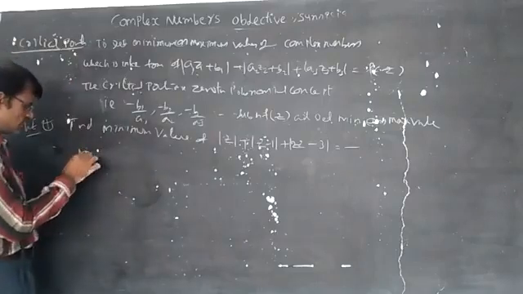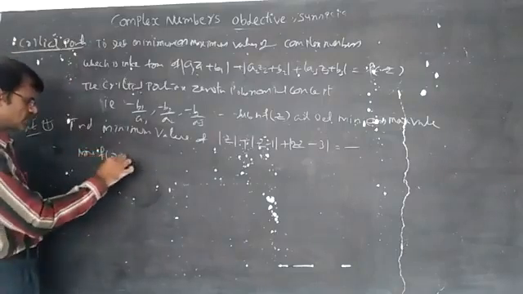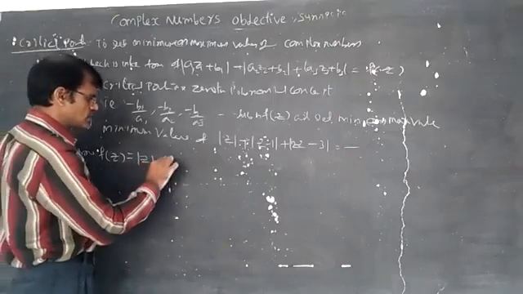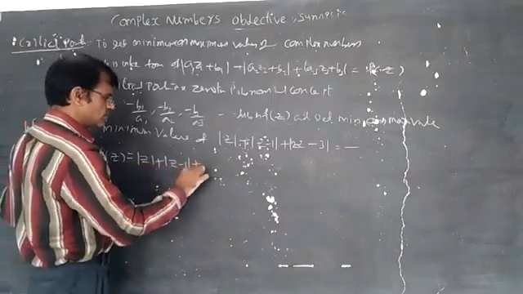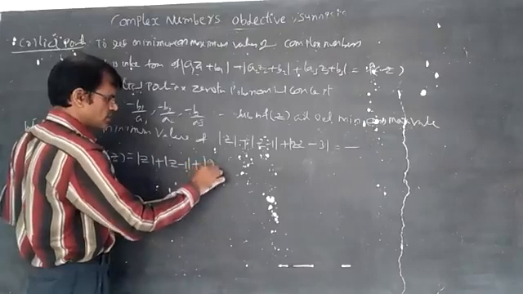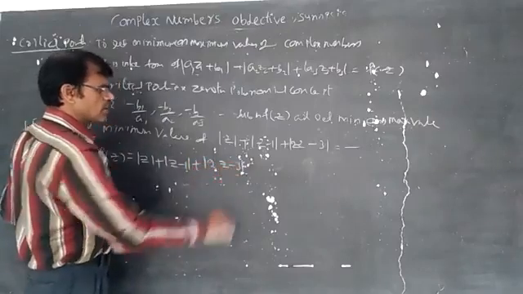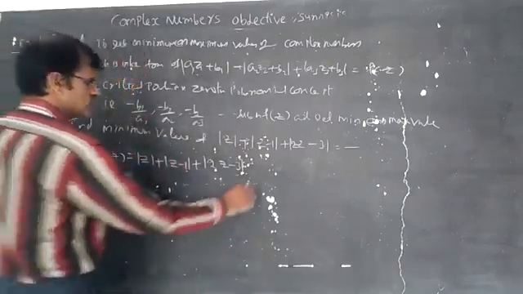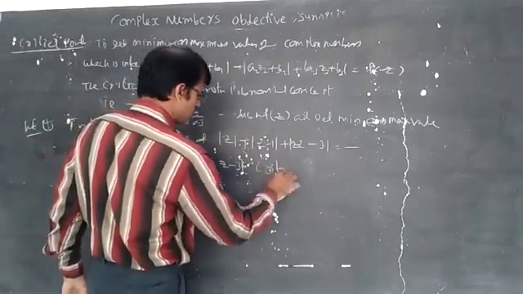Now directly you can write this is f of z. f of z is equal to modulus of z plus modulus of z minus 1 plus modulus of 2z minus 3.